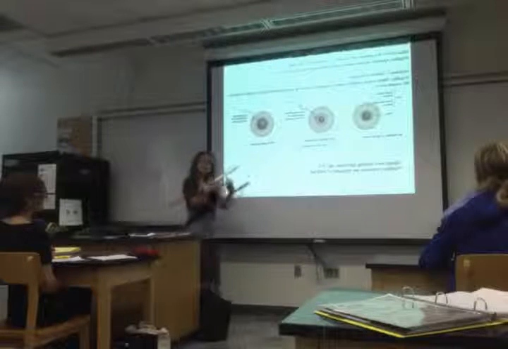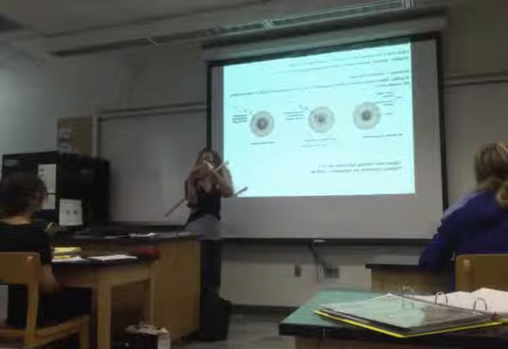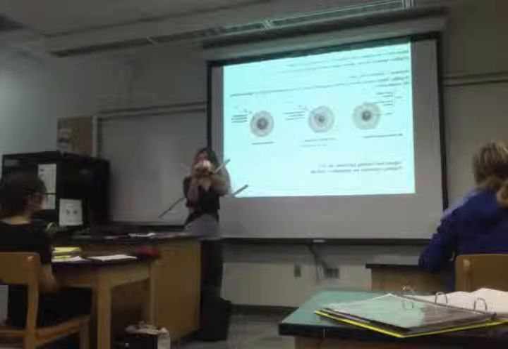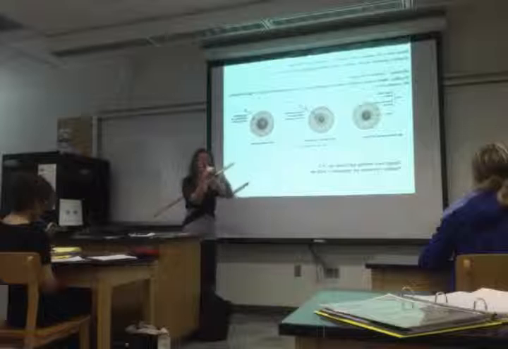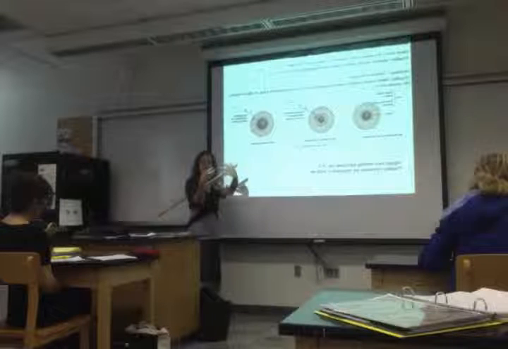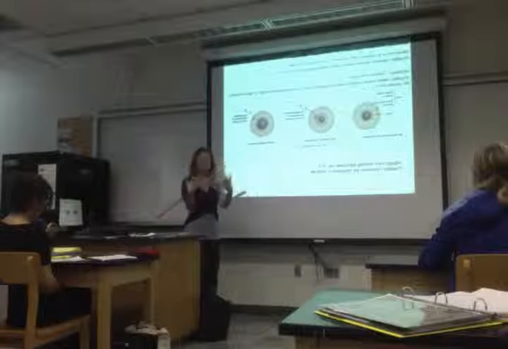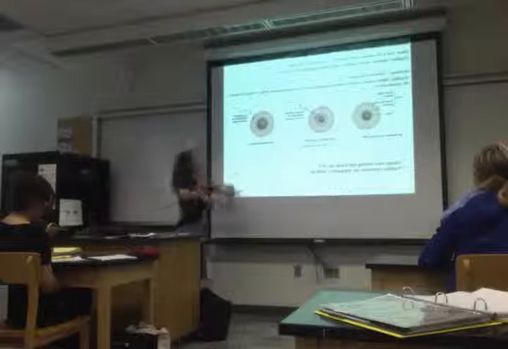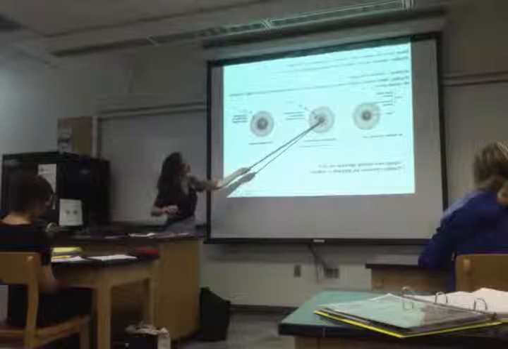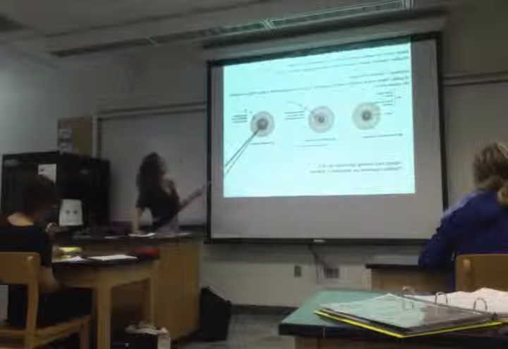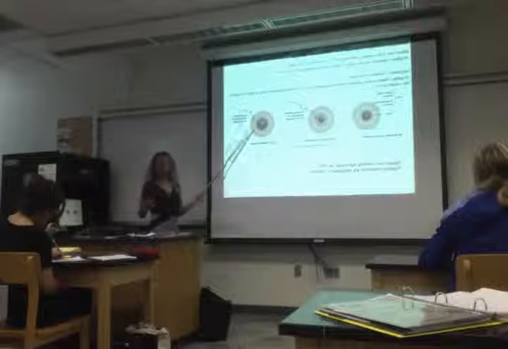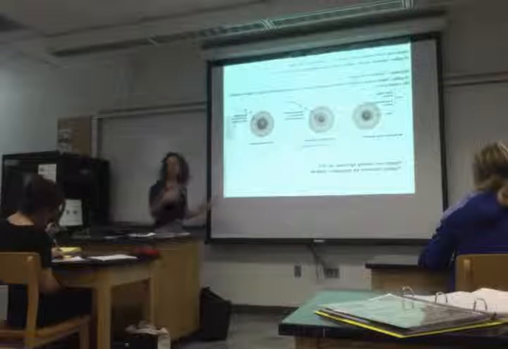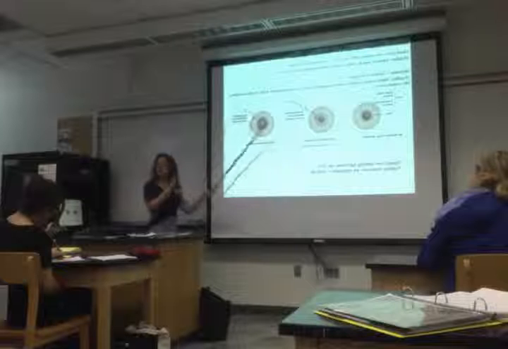When the sphincter muscle contracts, it makes the pupil smaller, which is constriction. When the radial muscle contracts, it pulls that pupil bigger, which is dilation. So we see here constriction, here dilation. Good? So we're definitely going to know this slide and these pictures.